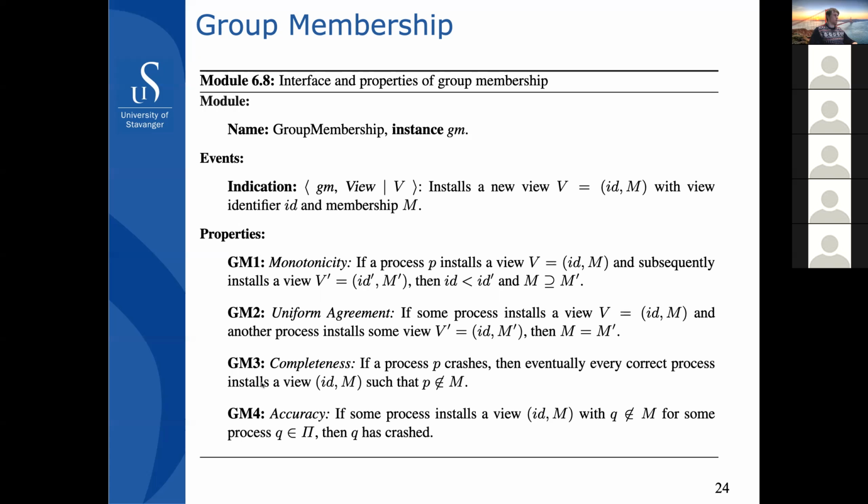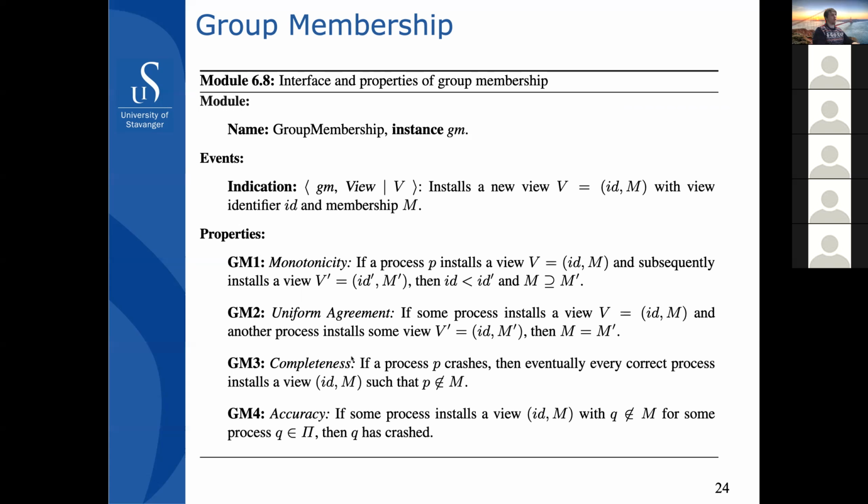So the four properties here: there is the agreement property, or uniform agreement, that you will find in consensus algorithms, and the two properties which we will look at in the algorithm. It's the completeness property.